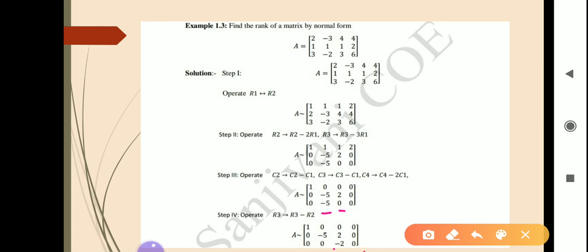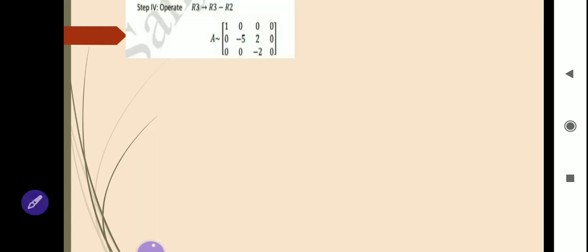Okay, now our next step is we have to make this minus 5 equal to 1. So how to make that 1? For that we have to use operation, ये जो second diagonal element है इसको 1 करना है मुझे, and for that we have to use operation either divide C2 or R2. So which one is simple here? If we divide R2 by minus 5 here, then we will get here fraction 2 by minus 5.